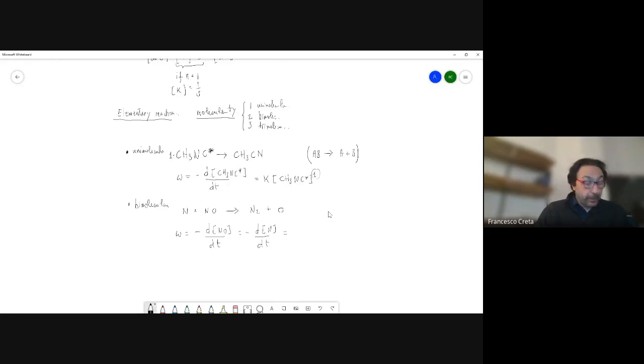So by experiment, we find that this can be written as the rate constant, which will obviously be different from any other reaction, and then the product of the concentrations of N and NO. And again, as you can see here, stoichiometric coefficient 1, stoichiometric coefficient 1, reaction order 1 and 1. These are the elementary reactions and how they behave.